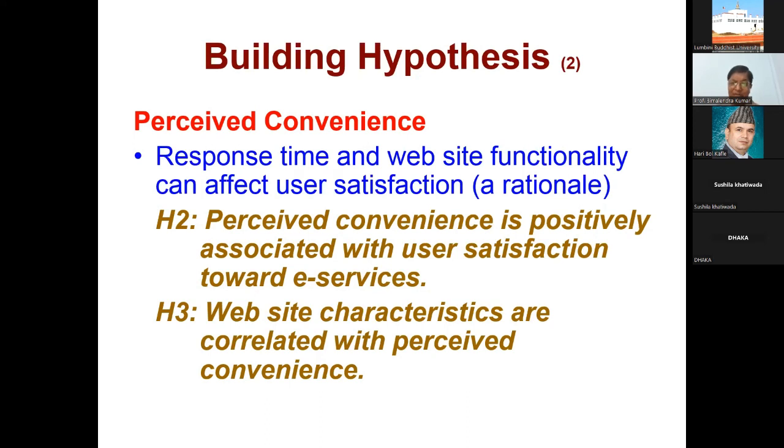Here, perceived response time and website functionality can affect user satisfaction. As such, perceived convenience is positively associated with user satisfaction towards e-services. Then website characteristics are correlated with perceived convenience.